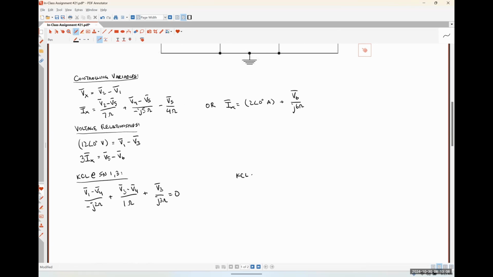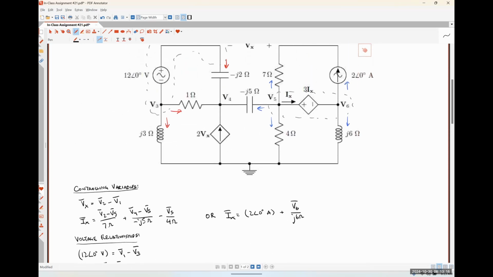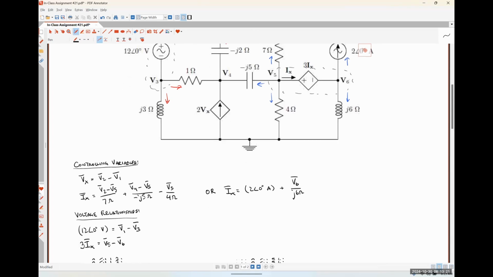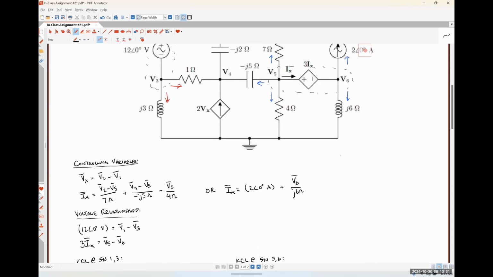And let's do KCL at supernode 5, 6 over here to the right-hand side. So our current flowing up through our 7 ohm resistor. Thank you for that. So V5 minus V2 over 7. Our current flowing to the left through our minus J5 ohm capacitance.